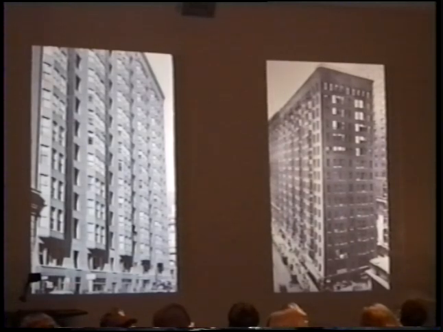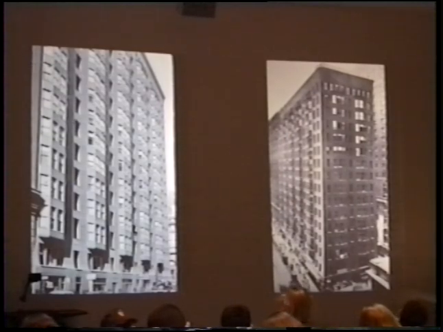And we've run into Burnham before as a city planner, who worked on the Chicago World's Fair, as you remember, and did those city plans for Chicago and San Francisco right before the San Francisco earthquake. So Burnham's an interesting figure who is important both as an urbanist and as a designer of these skyscrapers.